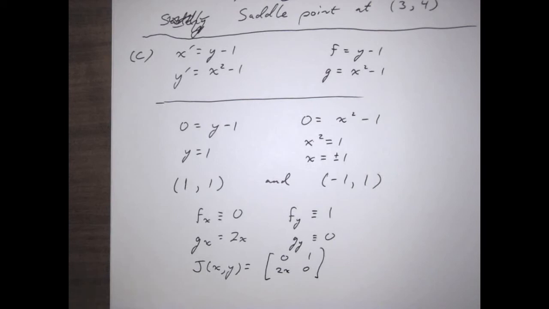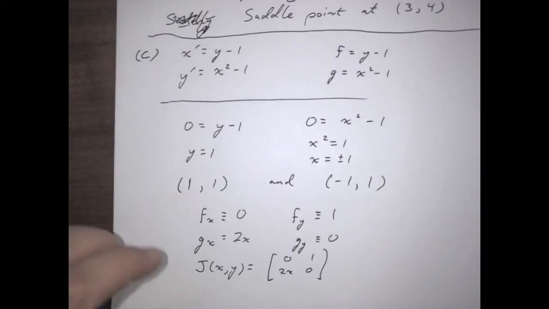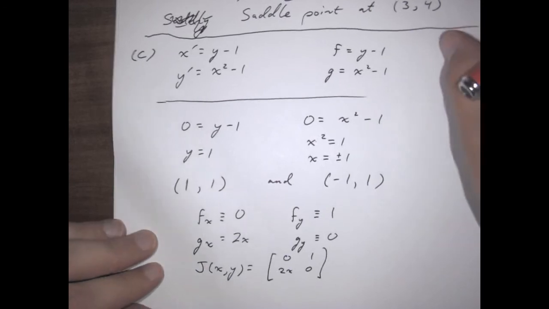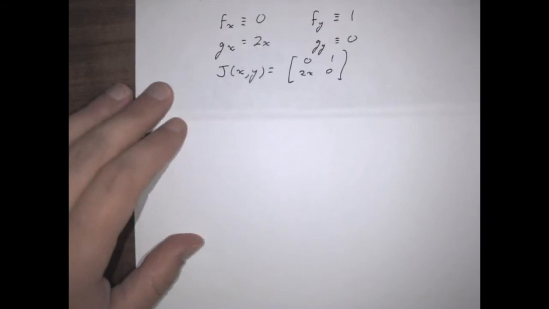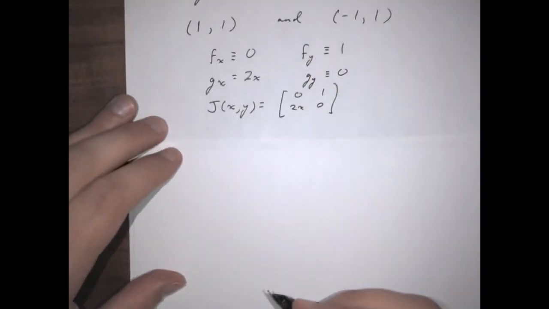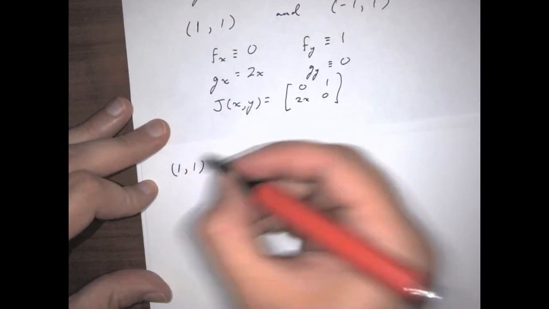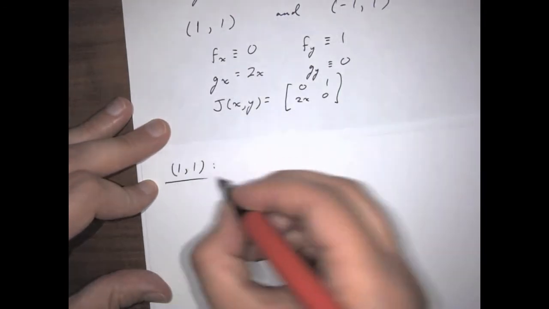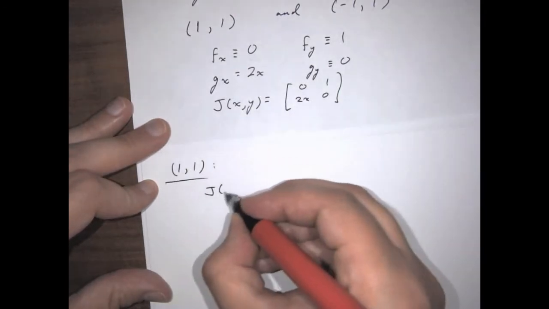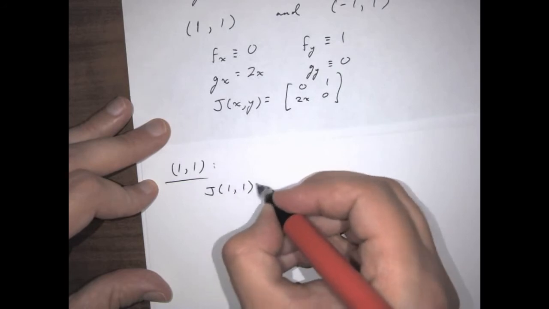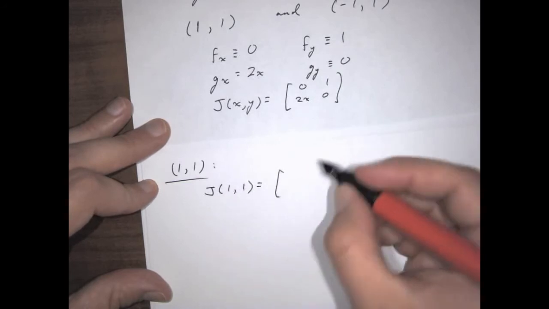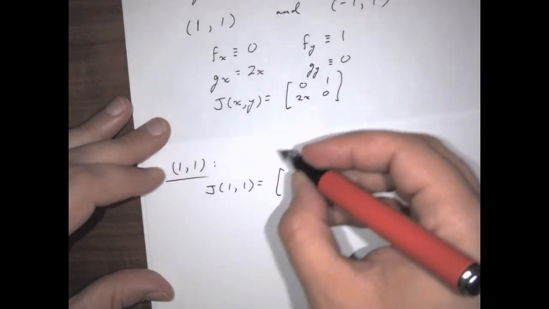Now, the x values are going to be changing here. Sometimes it'll be 1, sometimes it'll be negative 1. So, we're going to have to break this up into two cases. First case for 1, 1. So, J sub 1, 1 is going to be what you get when you plug 1 in for x here.